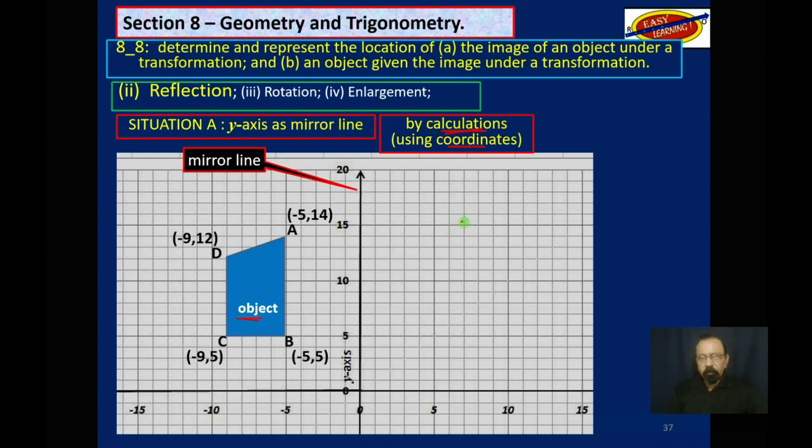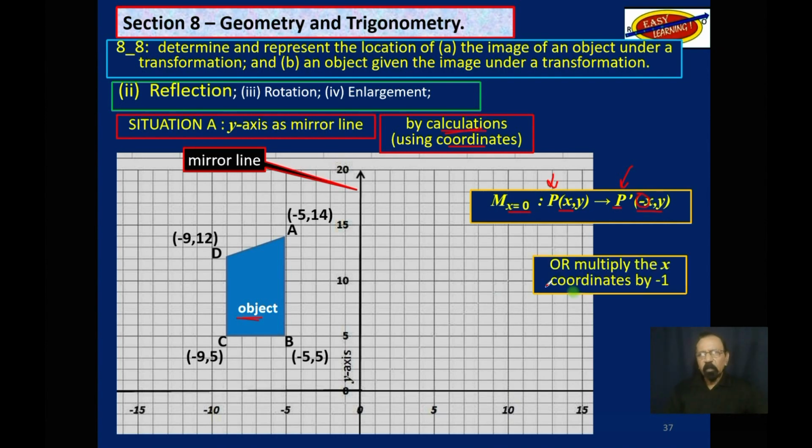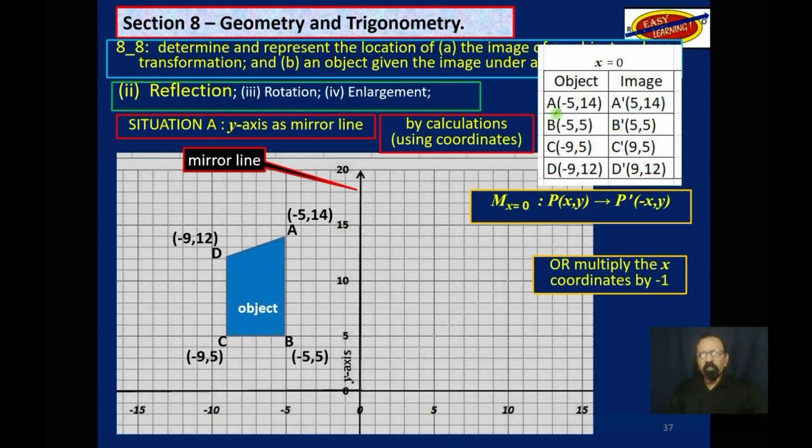By calculation. So when x is equal to 0, meaning that we are using the y as the mirror line, what happens is that you convert each point from the object using this system for the image. That is to say, you keep x and y the same, but make x negative. Or you multiply the x by -1. So let's see carefully what happened here.